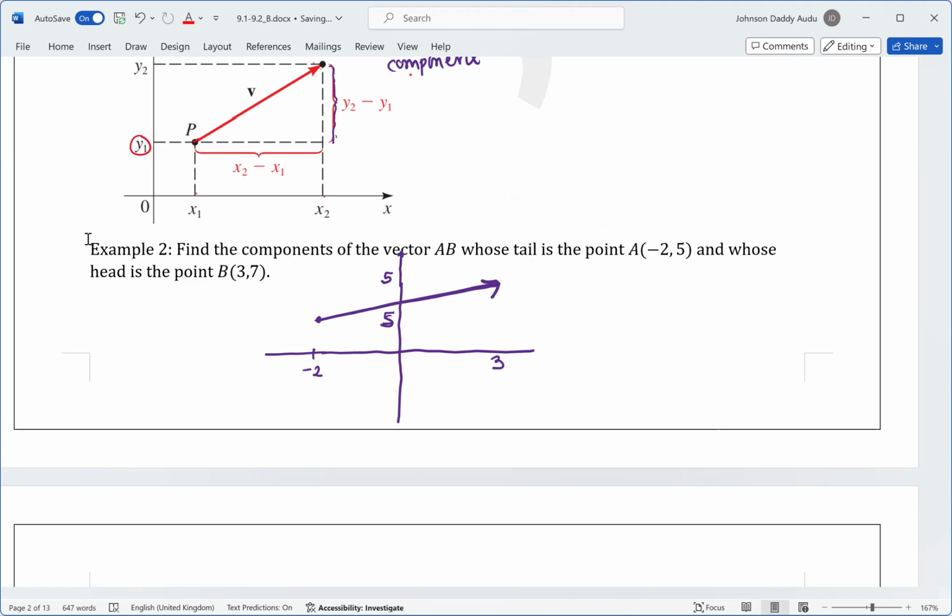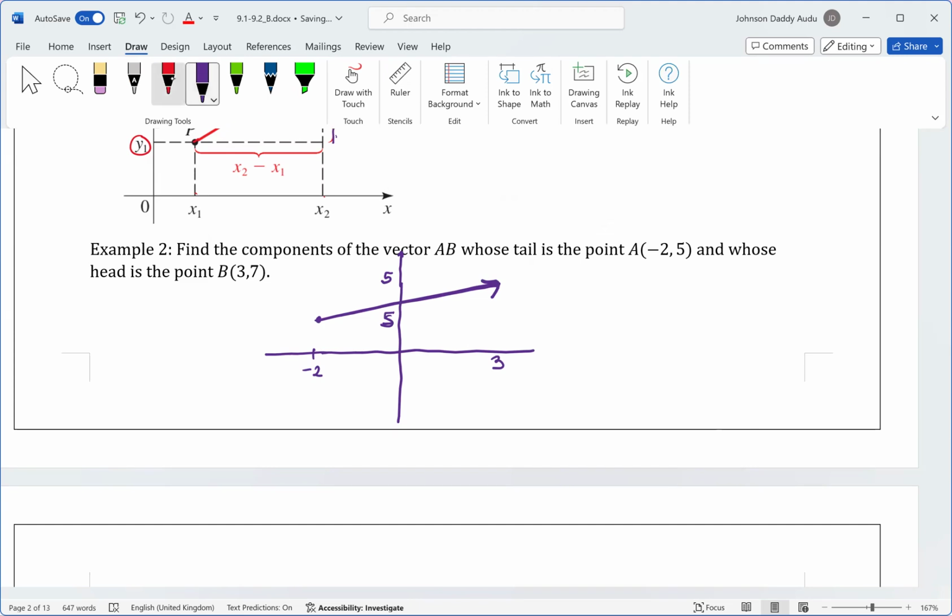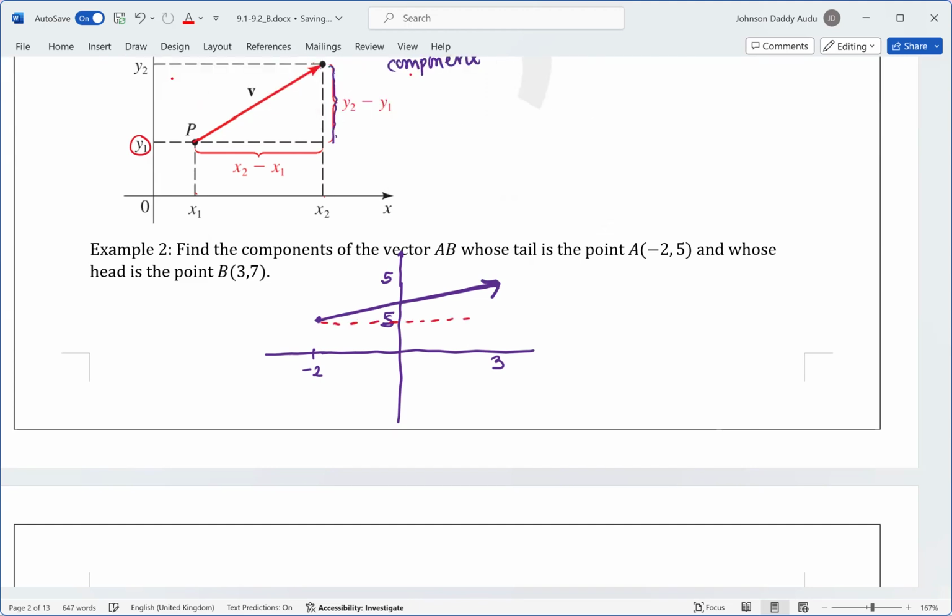And just like we did, if you want to describe this vector in terms of components, you just need to do this, right? So the vector AB is going to be, using the formula, x2 minus x1, comma, y2 minus y1.